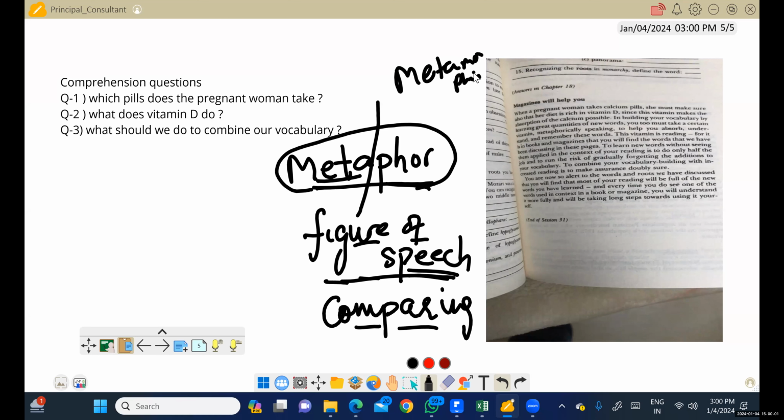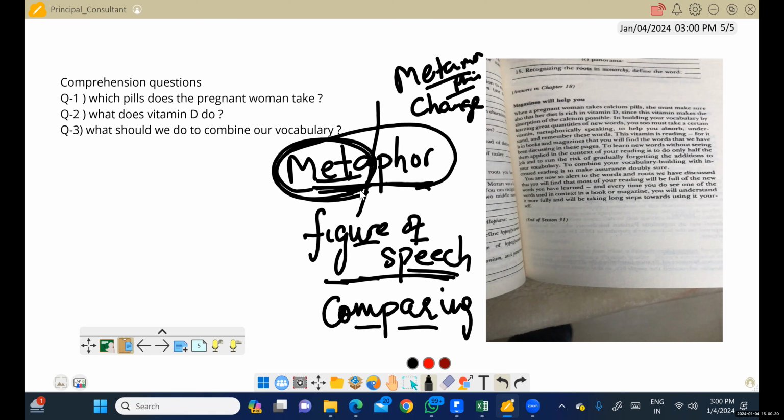If you go to the etymology, meta means change. Here in geography, when you're talking about metamorphic, it is a change of form. Here we are comparing something; it is a figure of speech.